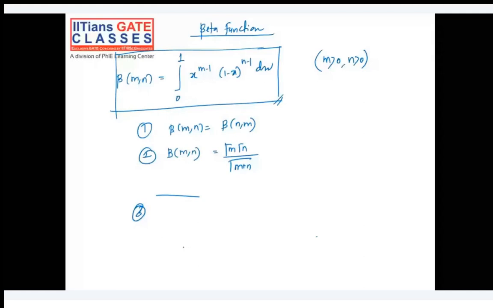It's just the formulation you should know. Especially for the beta function, the formulas are more, but you have to remember them, there is no other way. If you remember them, it's quite easy to implement and solve the question.